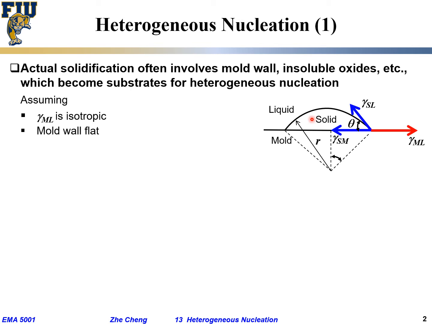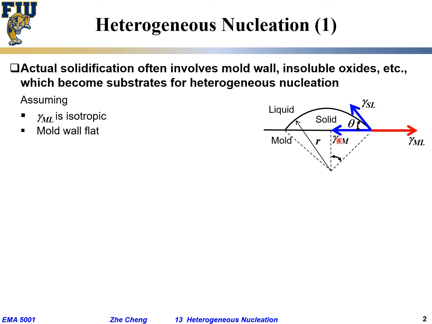So the red one is trying to make this nucleus even larger, because it's trying to shrink the mold-liquid area. On the other hand, between SL, solid and liquid, it's trying to pull the other way because it's trying to shrink the area between solid and liquid.